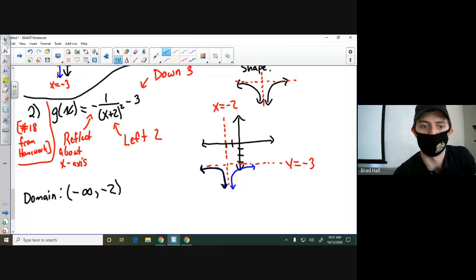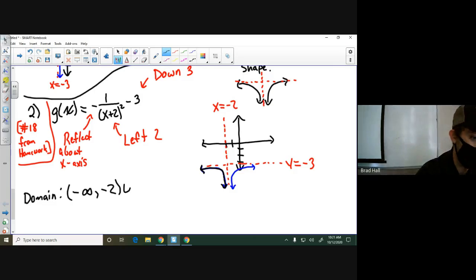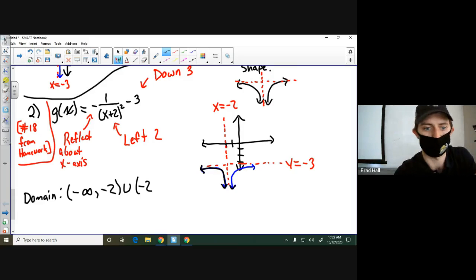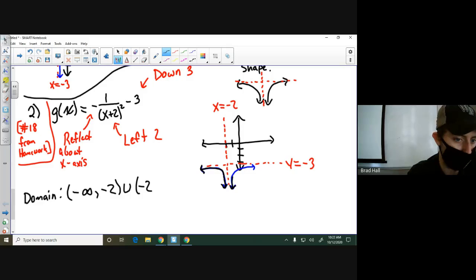But we're not done because I didn't highlight the whole graph. I have to use that union thing because now we skip around -2. So we start with -2 as the frame of reference. And now we go all the way to the right and we see that we can go on without any issue. So this would be positive infinity.